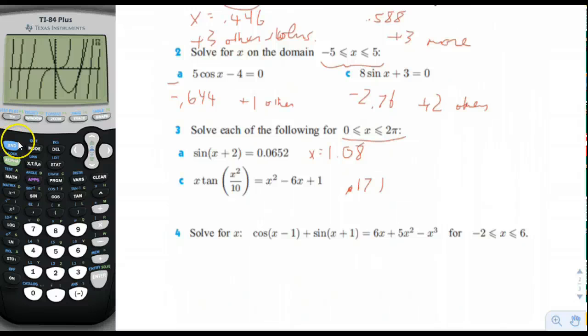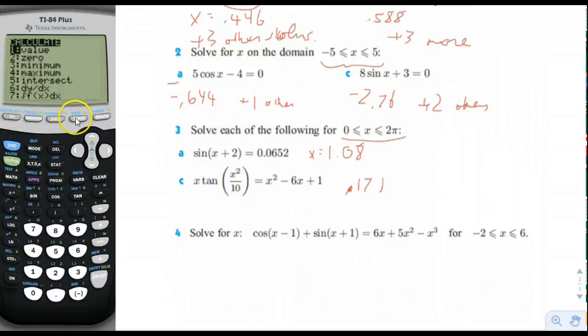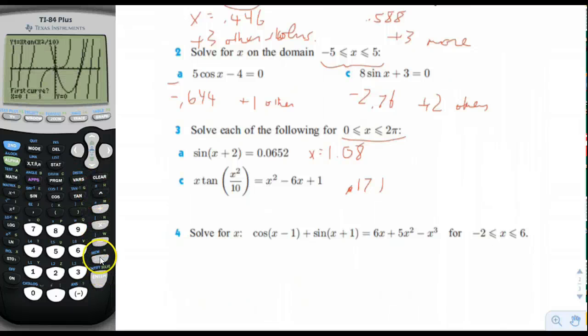We'll see. Second calc, and then we go to intersect. Oops, sorry, Diana, I'm going over time here. Intersection. Oh, that was it. So that was the one there, and there's one there too. Can you see? So there's at least 2, maybe there's more. But from 0 to 2 pi, not sure how many there are. So we can actually change the window size.